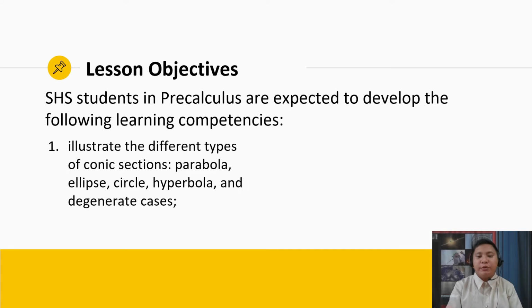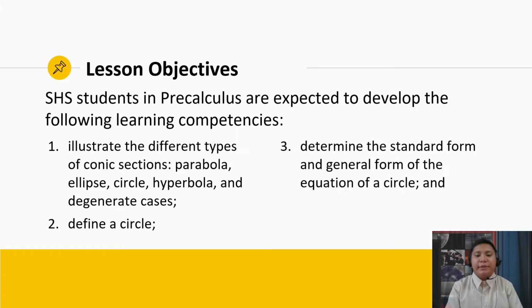A1, as a review, we will illustrate the different types of conic sections: parabola, ellipse, circle, hyperbola, and degenerate cases. For this lesson, we will define the circle and we will determine the standard form and general form of the equation of a circle.